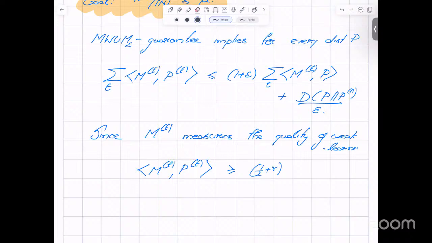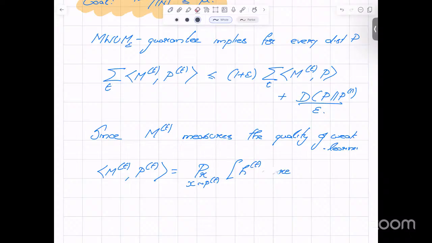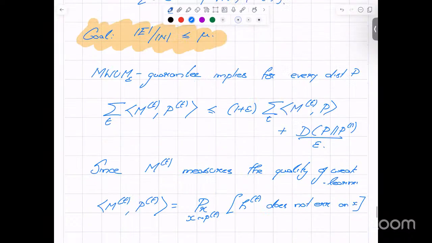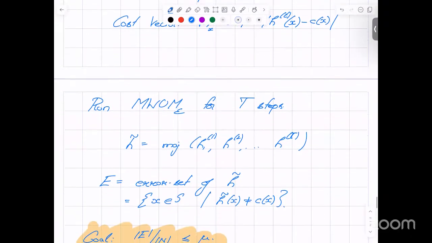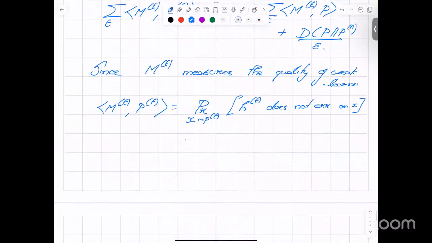Rather, I want to say MT PT is the probability over X coming from PT that HT does not err on X. If you recall, the way we had defined it, if it does not err you get 1, and if it errs you get 0. Therefore, this quantity is at least half plus gamma.